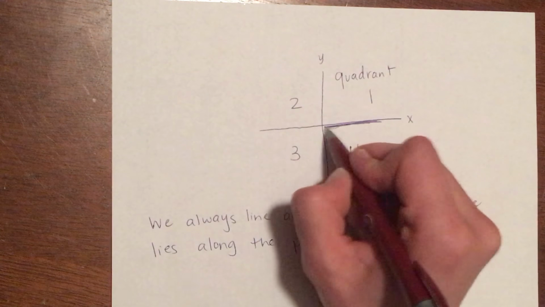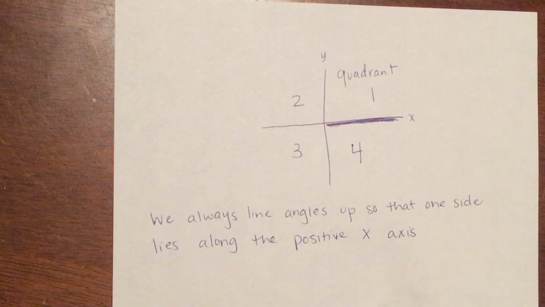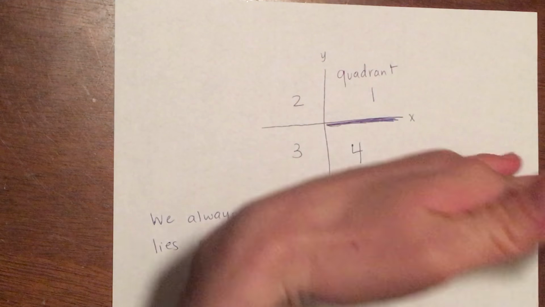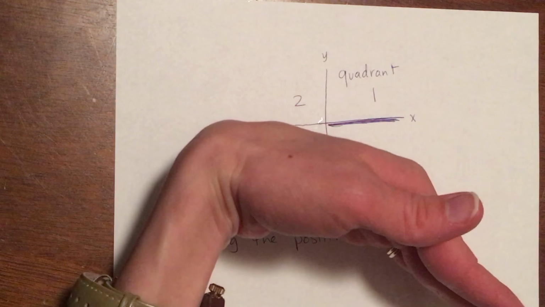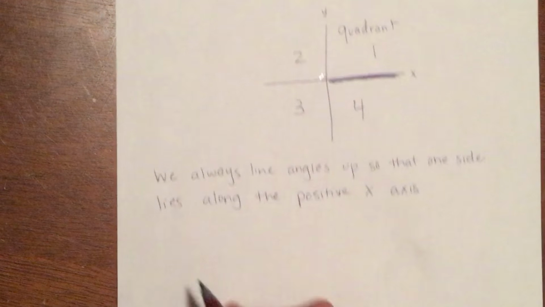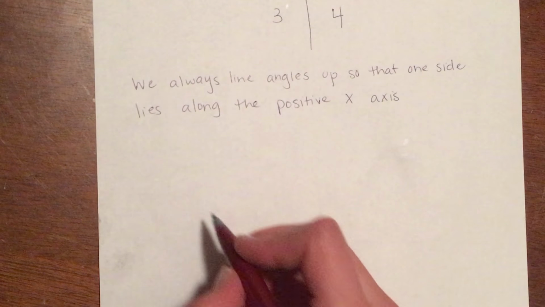So that's right here. So you can see that. Okay. And then your angle can either rotate up to be a positive angle or it can rotate down to be a negative angle. So let's write that.